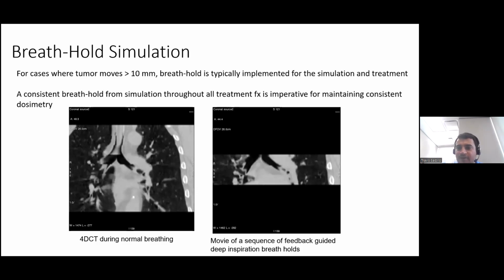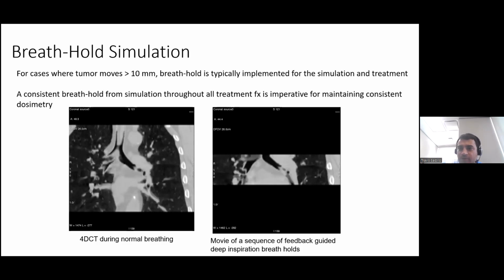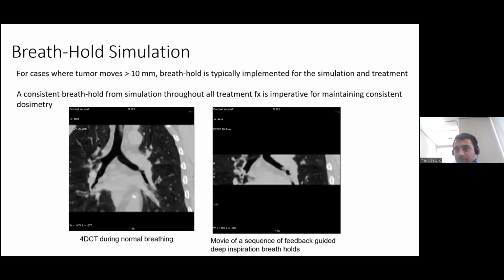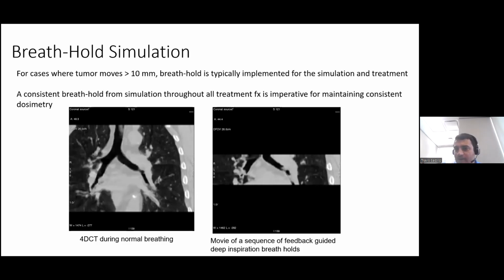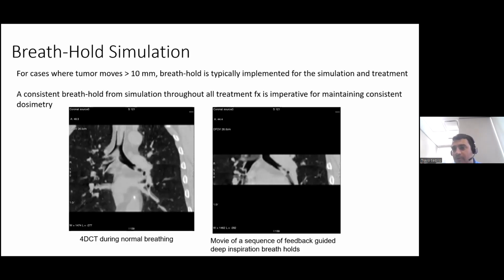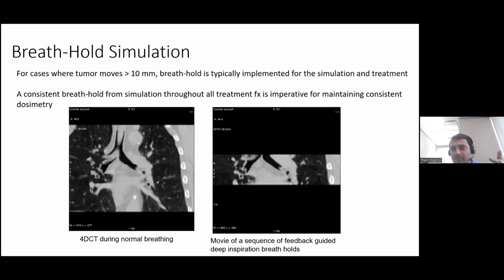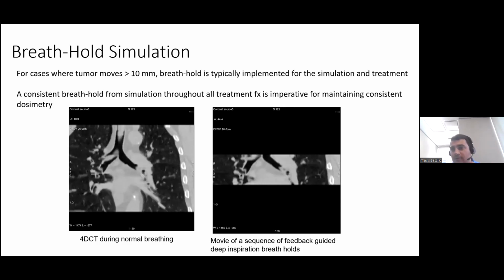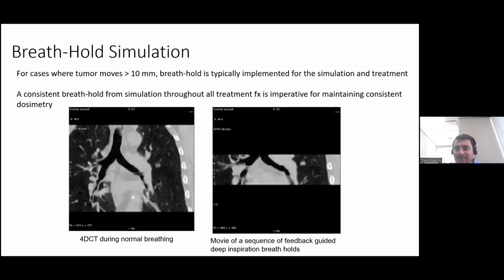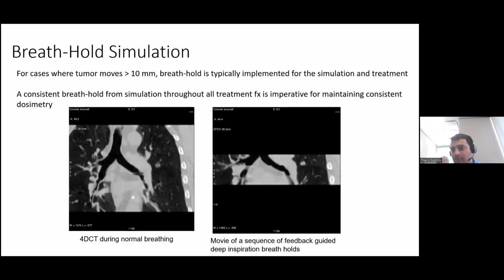And the idea is that if your image of the day breath hold is consistent with your simulation breath hold and you're treating what you planned on, then the difference in shift will be minimal between your bony alignment and your GTV alignment. Not the individual alignments, but if you aligned a bone and you get a shift, and then you aligned your GTV, your tumor, and you get a shift, that difference in shift should be very minimal if you're having a consistent breath hold.